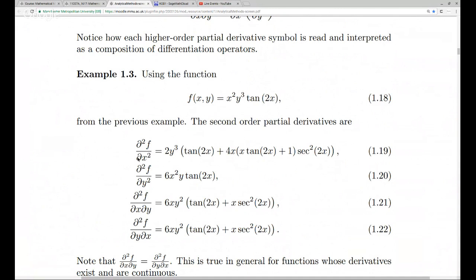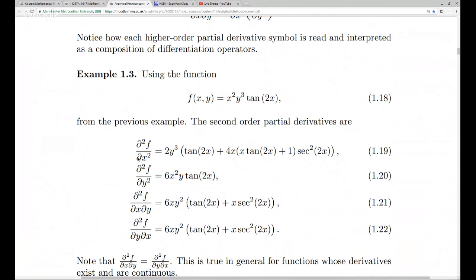Okay. Now, this continues on with our earlier example, taking the 4 different second order derivatives of this function, x squared y cubed times tangent of 2x. Because you've got products of x in here, you have to apply the product rule, which doubles the number of terms. So if you take the derivative with respect to x again, it's probably going to double the number of terms again.